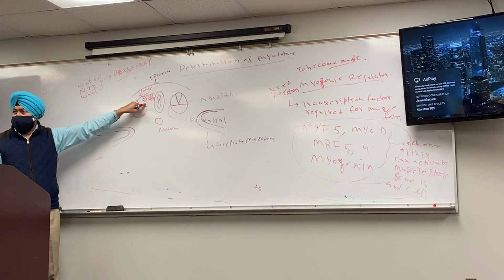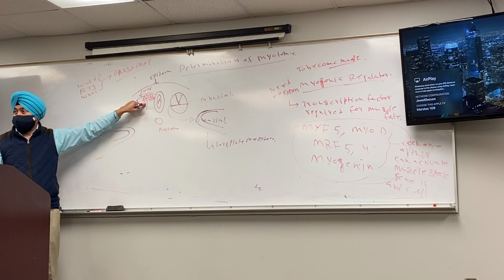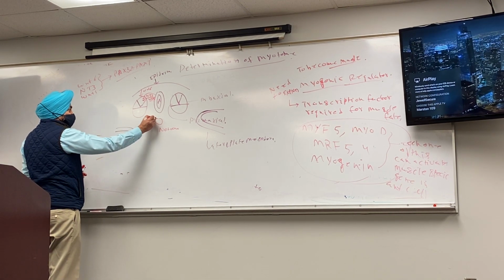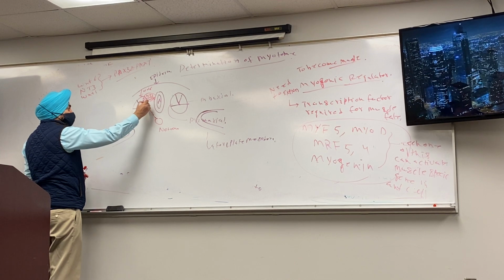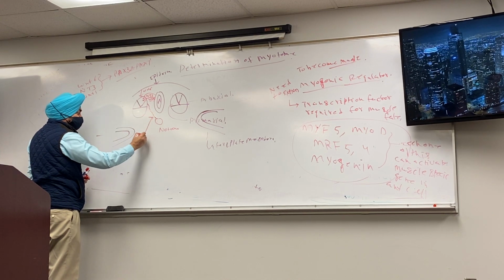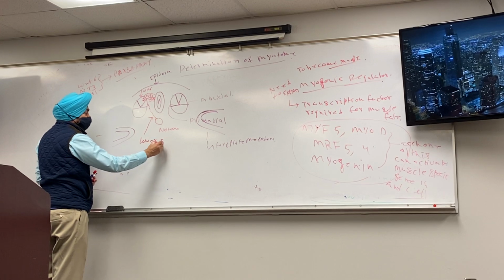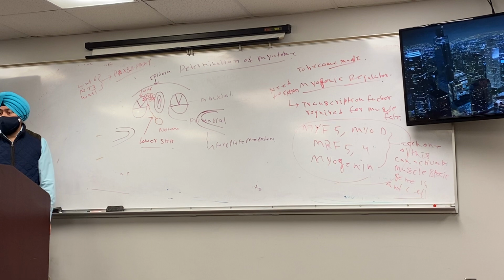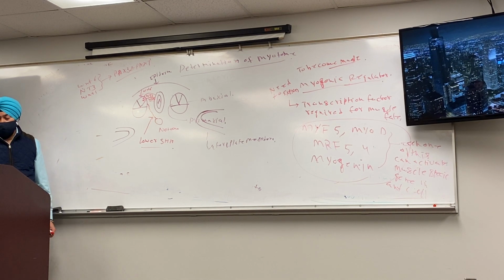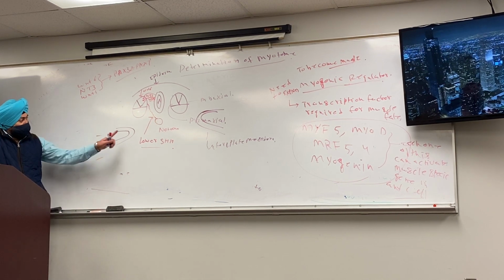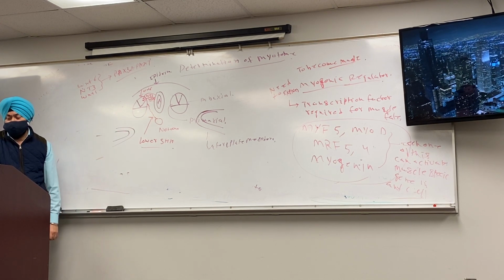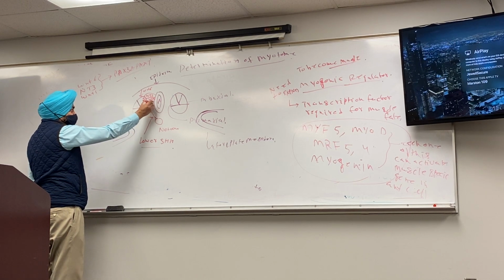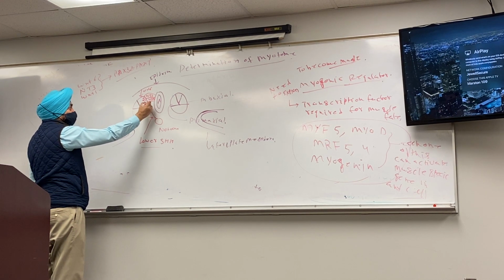And this is a little far away, the primaxial. And what is going to happen? The primaxial is far away, so the Sonic hedgehog is going to go there, but a lower, weaker Sonic hedgehog is coming here. Okay. Now, when the lower Sonic hedgehog is coming there, from here the Wnt1 is going to go there.